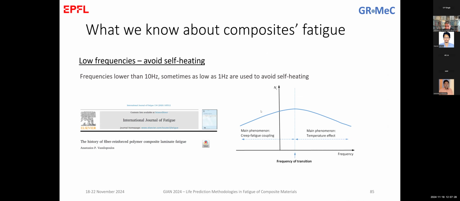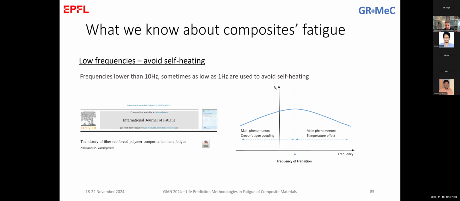And we've seen with experimental evidence that the increase of frequency helps to increase the fatigue life as long as we do not have self-generated temperature. So this is what we call the self-heating.